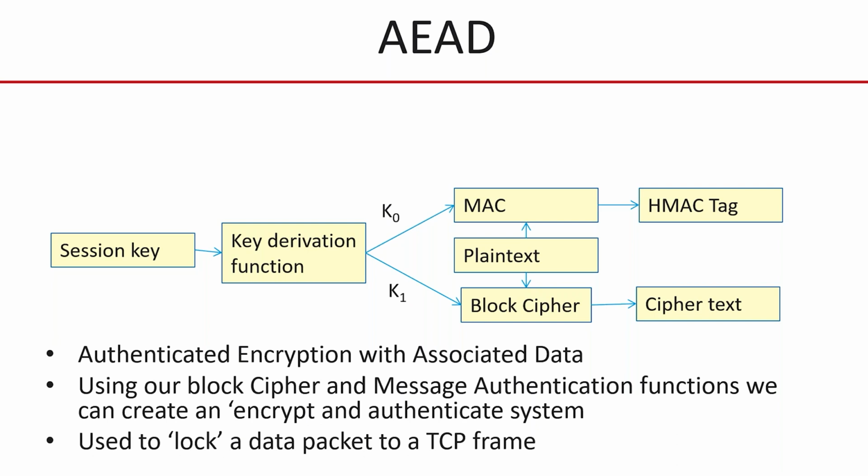Then there's a matching API that can be used to decode that data on the fly as we receive it. So AEAD is a very efficient way to generate streaming frames of data where the encrypted data is effectively locked to the message packet and can't be replayed or reused elsewhere.